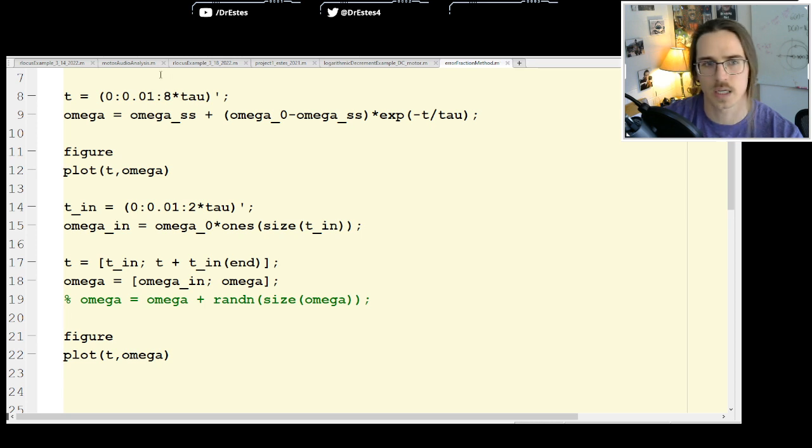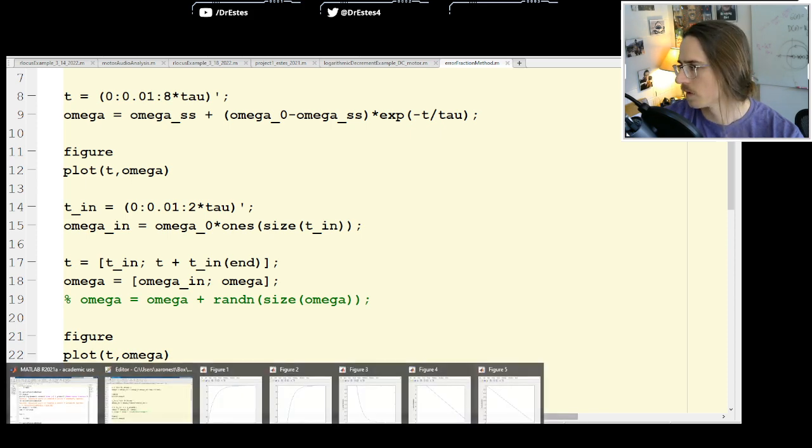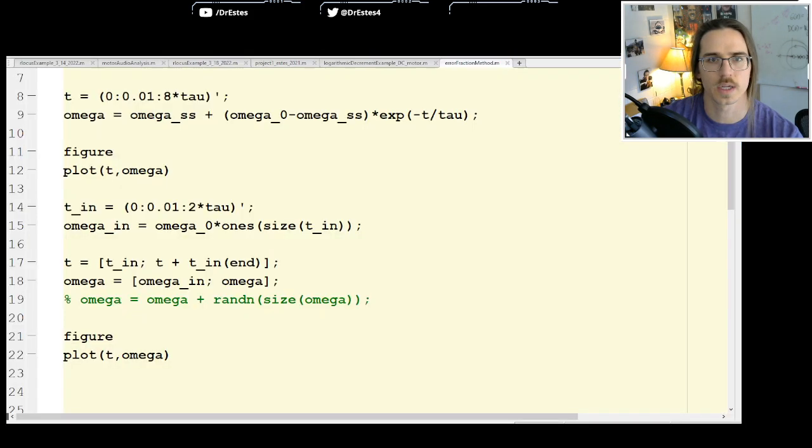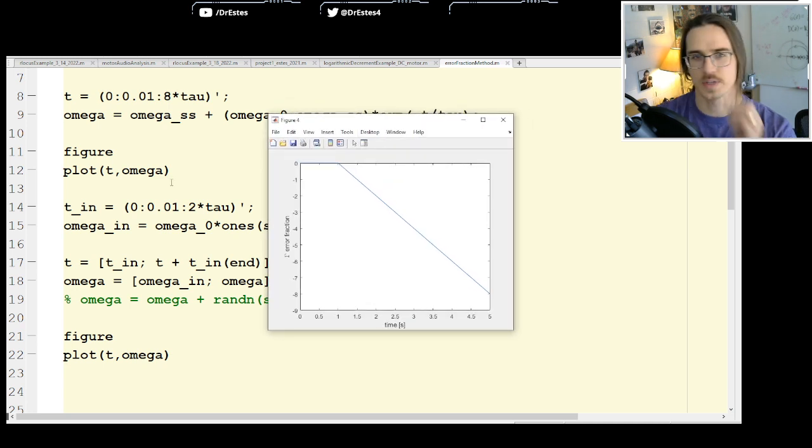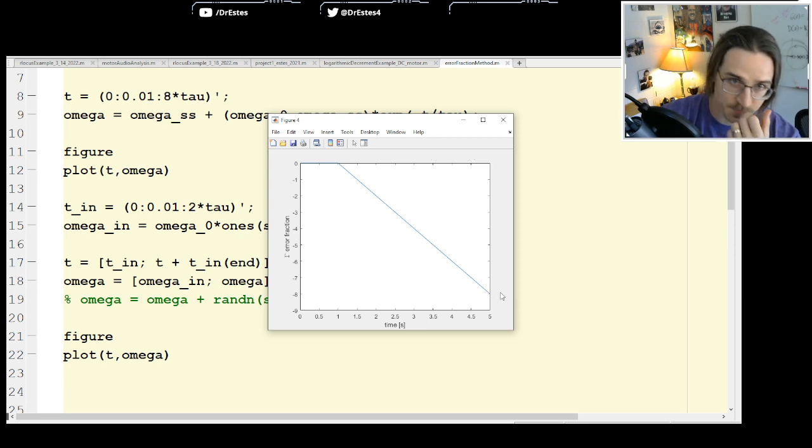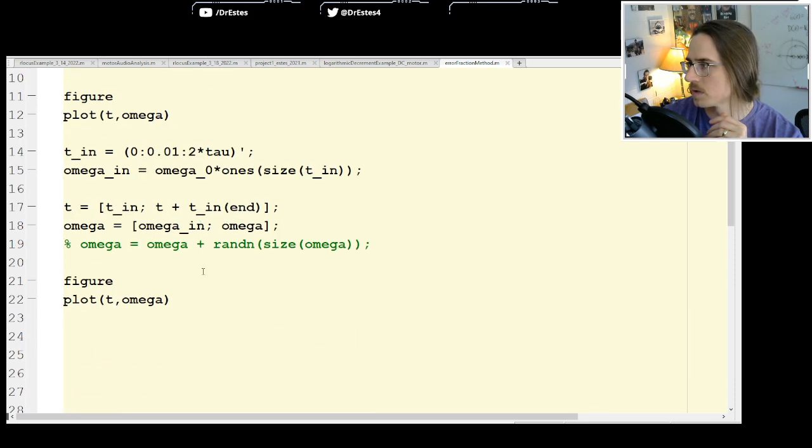If I run this again, if you look at the error, this is that same thing without noise. We see the error fraction starts at 0 before the step, and then once the step initializes, it's just this perfect line. Once I reintroduce the noise, let's run it again.